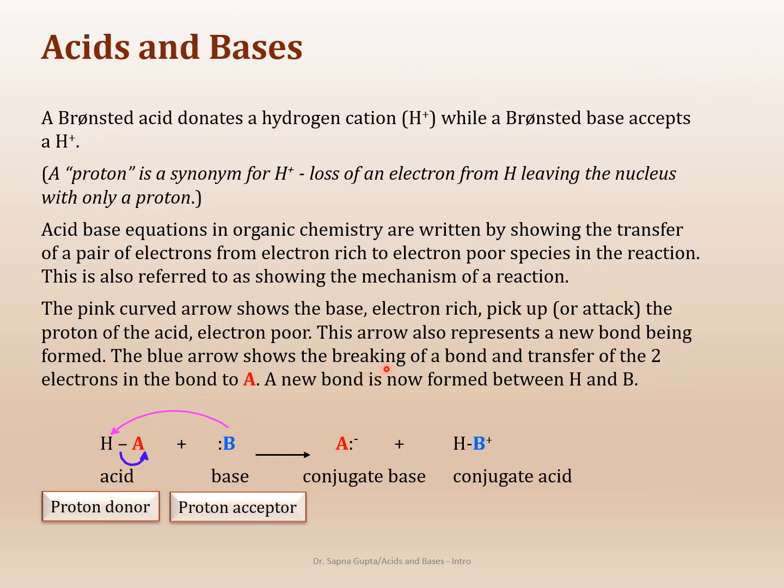Okay, so let's go a little bit deeper into Bronsted-Lowry and even Lewis acid-base. So generally what we do in organic chemistry, now we're getting a little bit more into organic, is that we tend to write our reactions like this. You have seen reactions like this before, but not with the arrows.